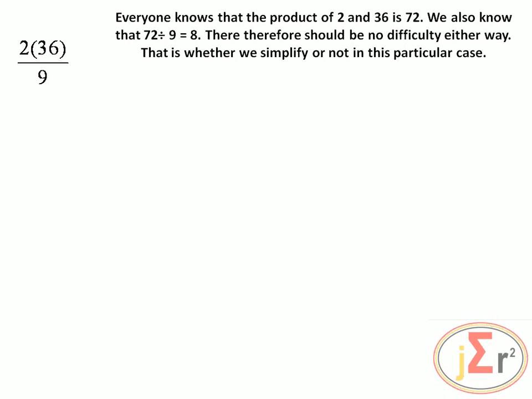There should therefore be no difficulty either way, that is, whether we simplify or not in this particular case. Because we know that 2 times 36 is 72, and we may divide 72 by 9 to give 8 quite easily, it might not make such a difference.